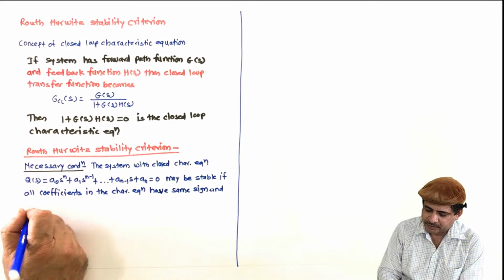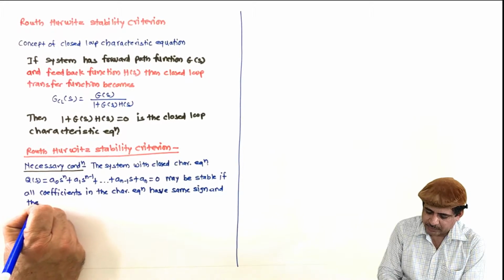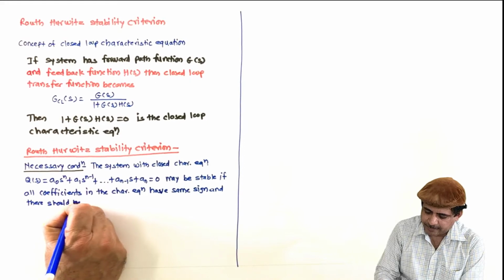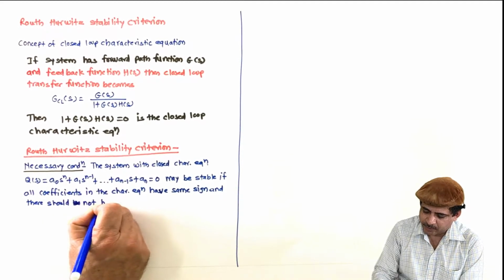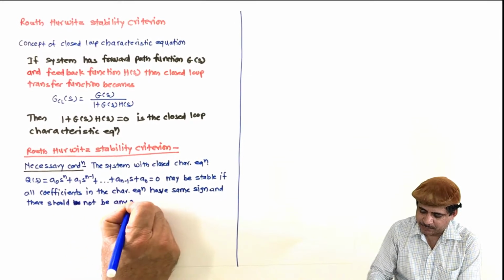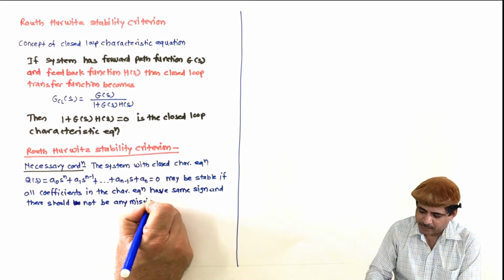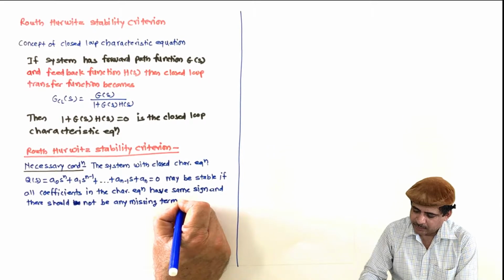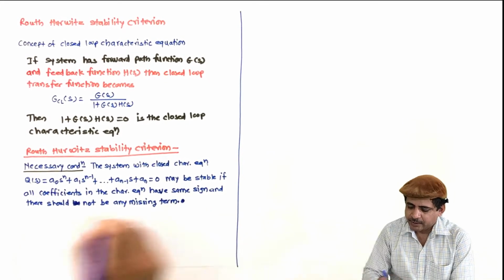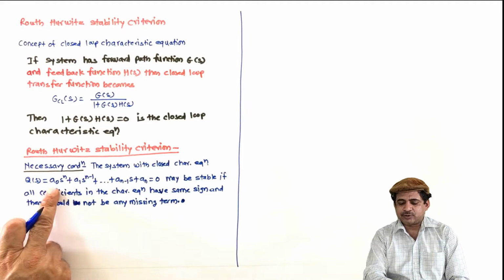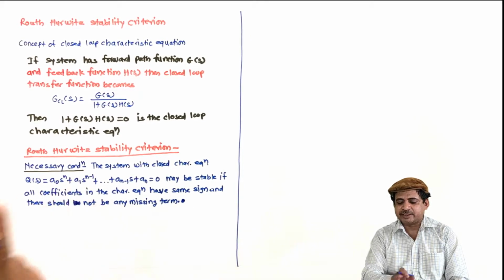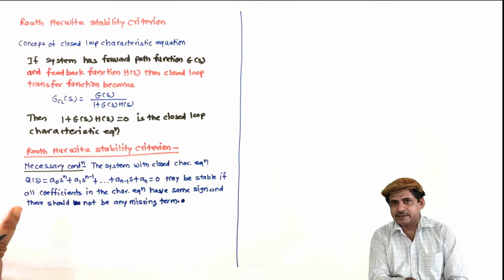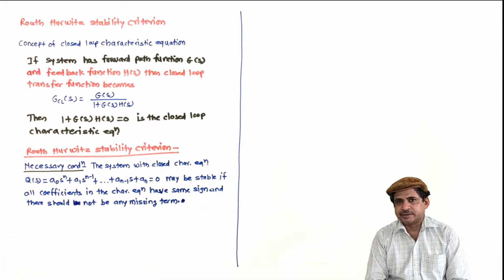And there should not be any missing term. That means, say, if it is a0 s raised to n plus a1 s raised to n minus 1, and so on up to a(n-1) s plus an, so it is in decreasing power of s.